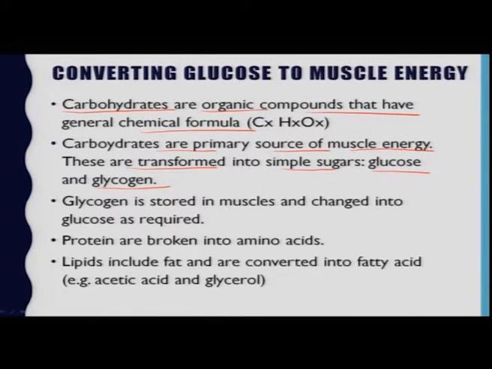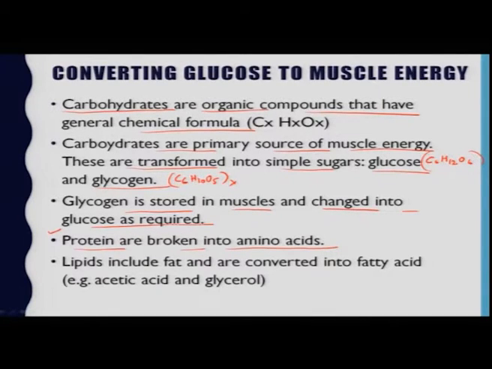The chemical formula for glucose is C6H12O6, and for glycogen it is C6H10O5 per molecule. This glycogen is stored in the muscles and changed into glucose as required. Another kind of nutrient required for the body is protein, which is broken down into amino acids.